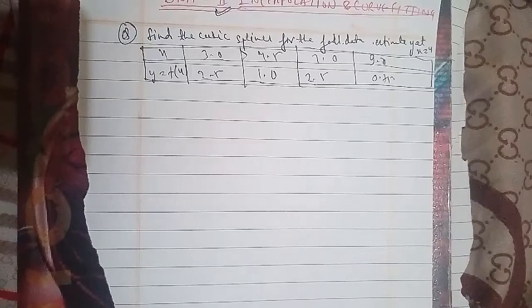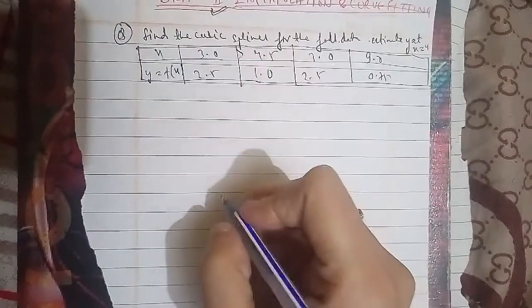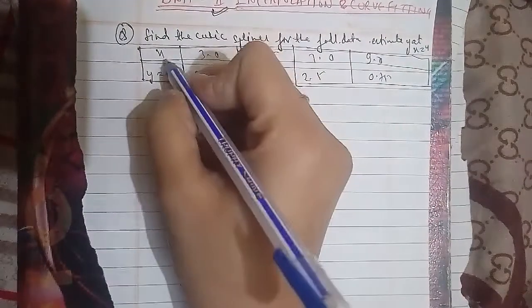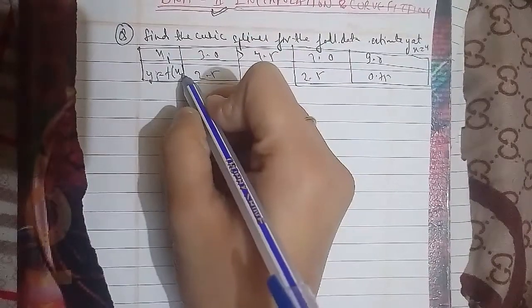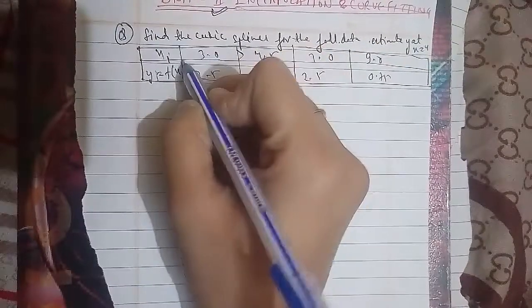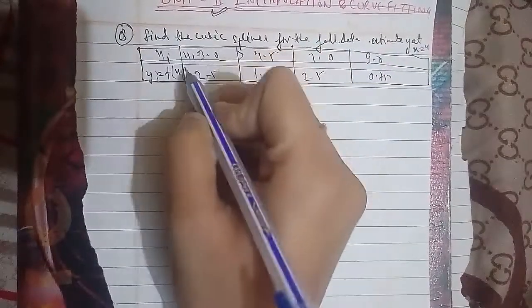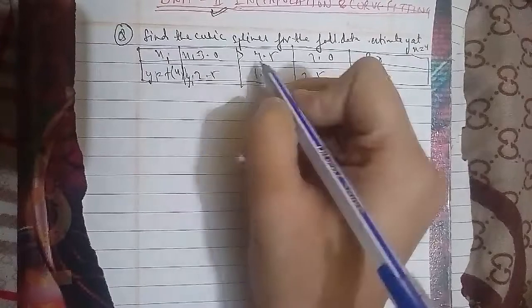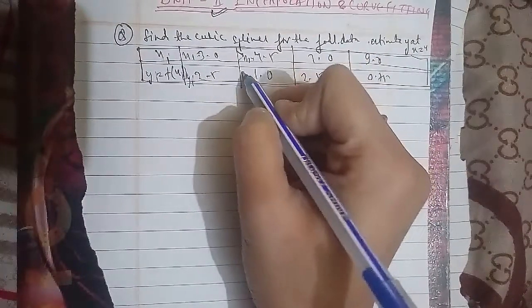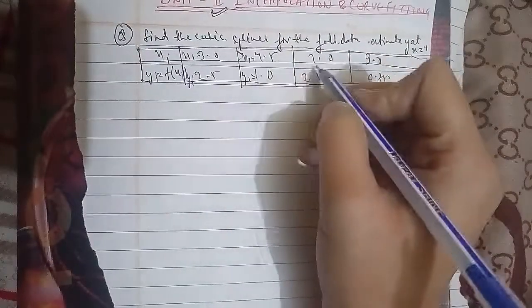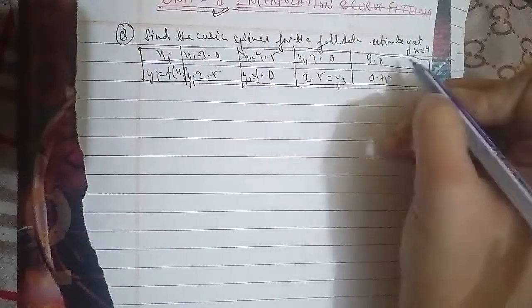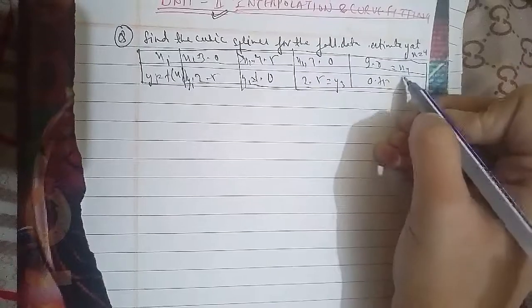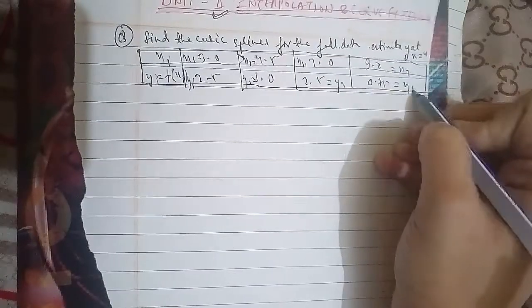So for the same, we'll rewrite the table. This will be x_i, y_i, that is f(x_i). So this is x1, y1, x2, y2, x3, y3, x4, and y4.